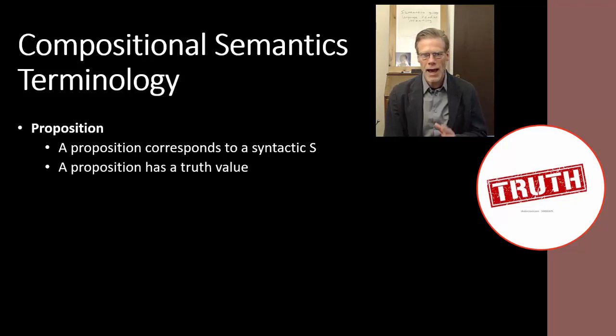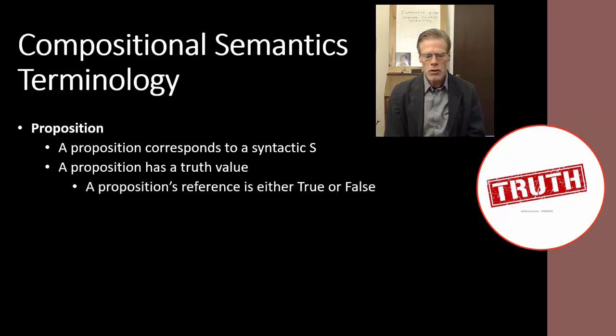A proposition has a truth value. In other words, every proposition is either true or false. So a proposition's reference is either true or false. We talked about the difference between reference and sense in an earlier video when we were talking about lexical semantics.